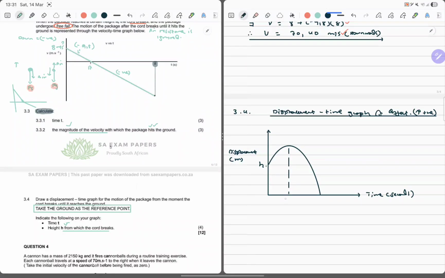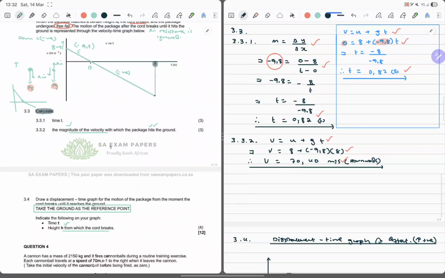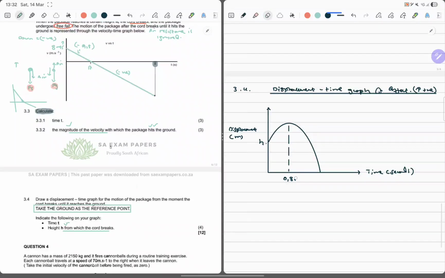This time was 0.86. Right, and then the time it took to reach the ground was 8 seconds. This is as simple as that.